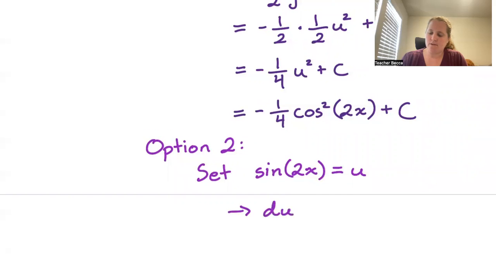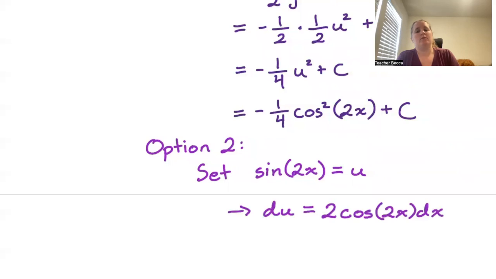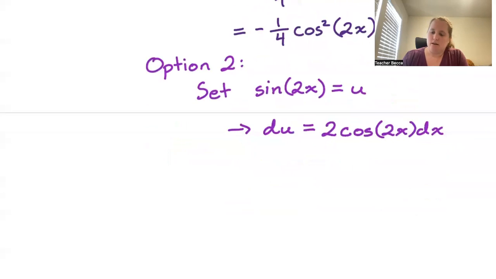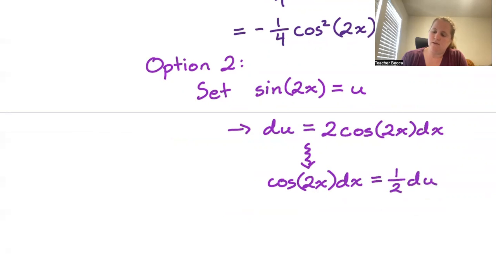Then we would have the du would be 2 times cosine of 2x dx. Applying the chain rule there, derivative of sine is cosine, then derivative of 2x is 2. So we multiplied by 2 on the outside. This means that cosine of 2x times dx would be equal to 1/2 du.